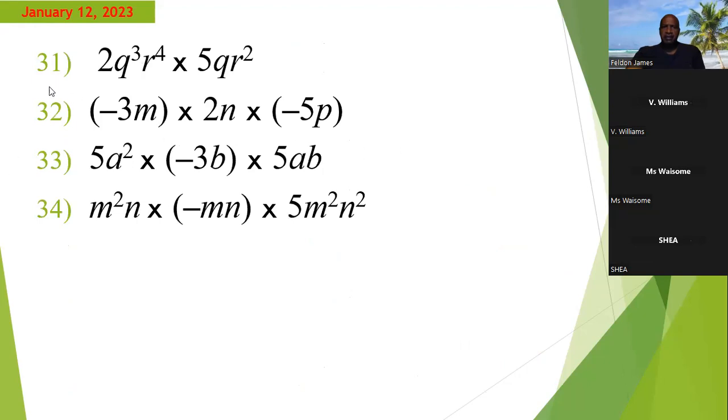Here we have 4 more questions to the list. Who would like to go for question 31? I'll give you 3 minutes to work on them. And then, if you're ready, just raise your hand.